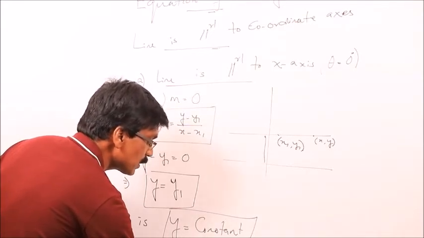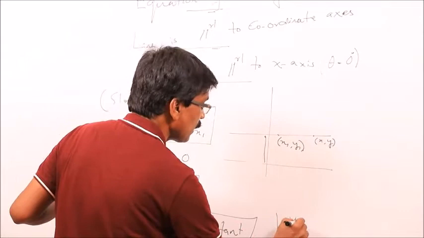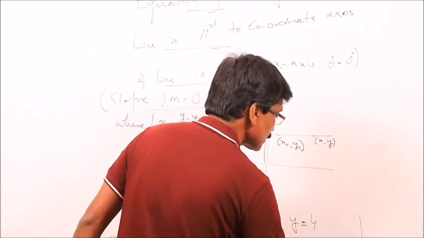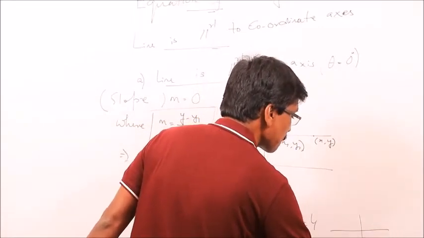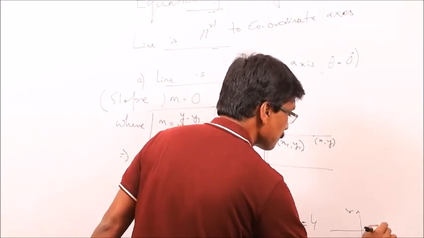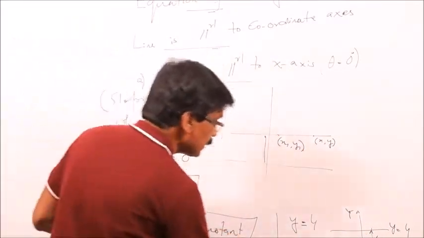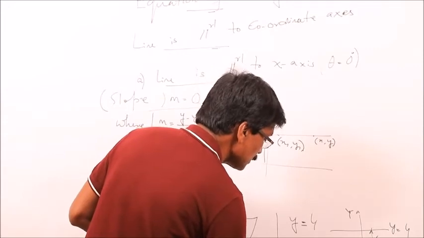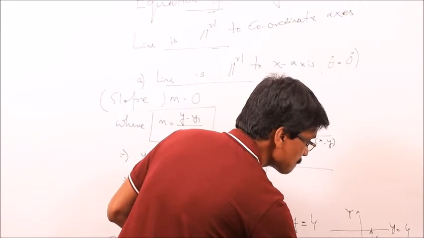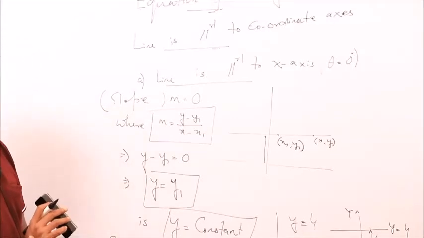Similarly, y is equal to 4 means we move 4 units above the x axis. And y is equal to 0 is obviously the equation of the x axis.